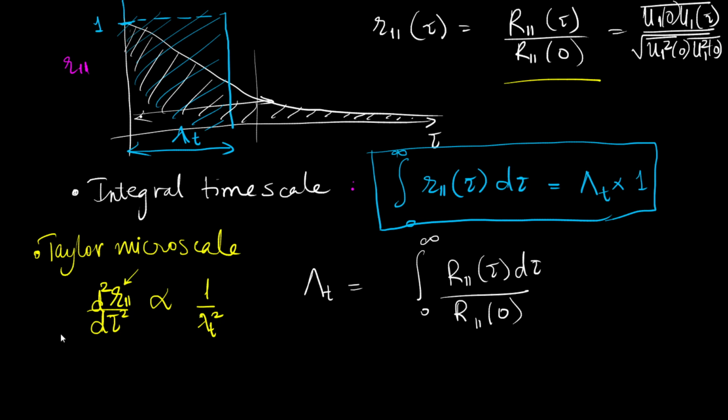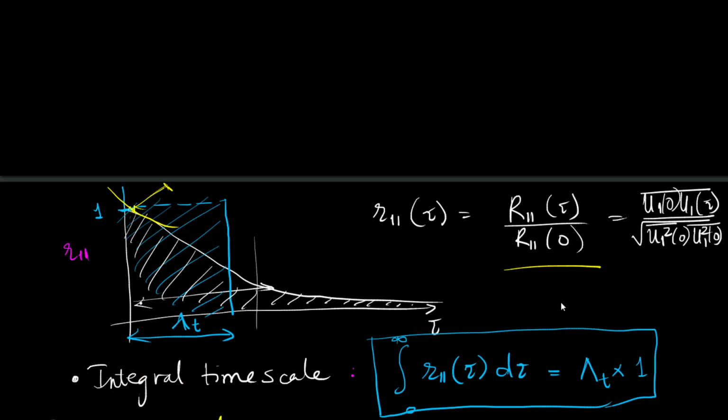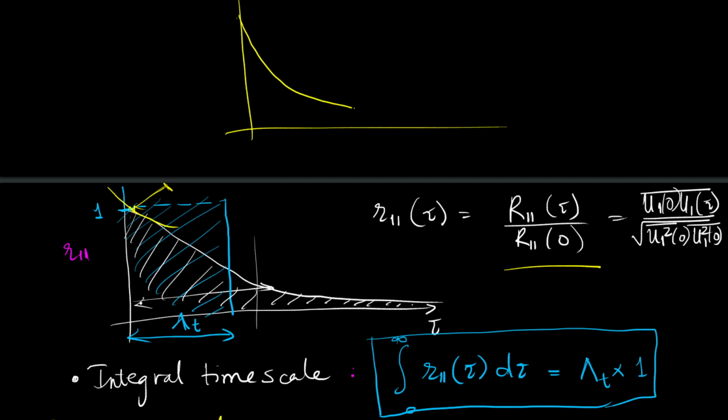So this should be proportional to this, and the Taylor microscale is defined precisely as lambda t square is equal to minus 2 upon d2 R11 by d tau 2 at tau equal to 0. So it is the radius of curvature, if you may, at this particular time. It helps you in telling whether a curve is something like this, something like this.